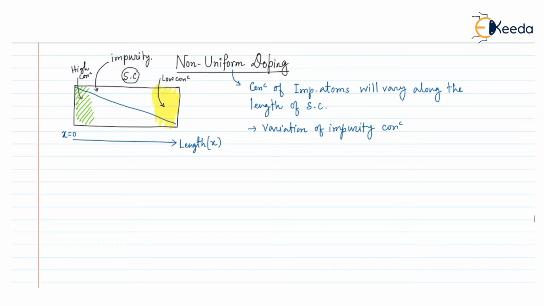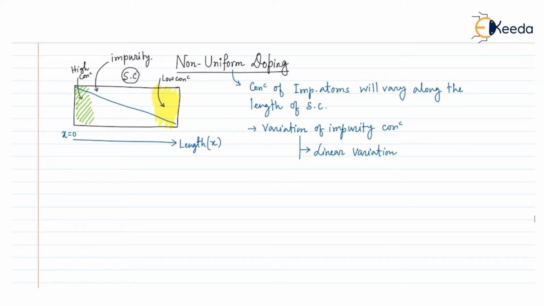So the first variation is the linear variation of impurity concentration with the length of the semiconductor.